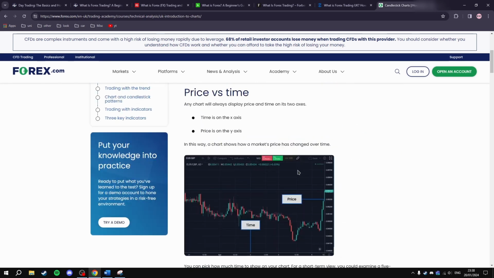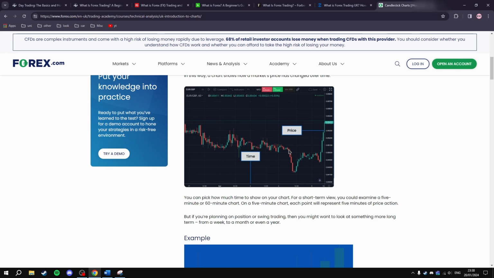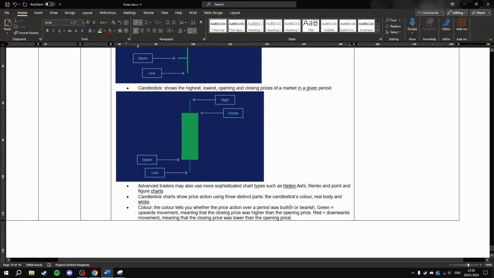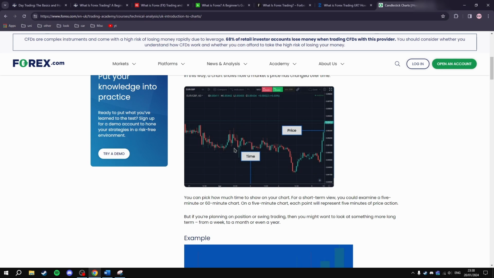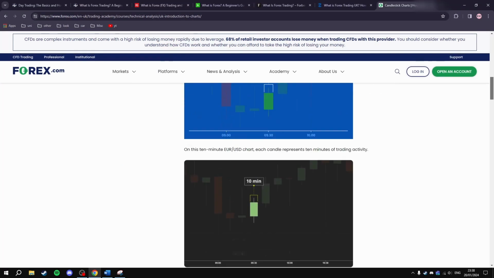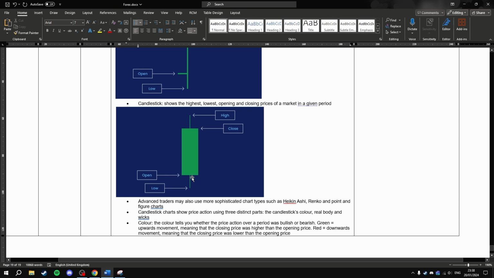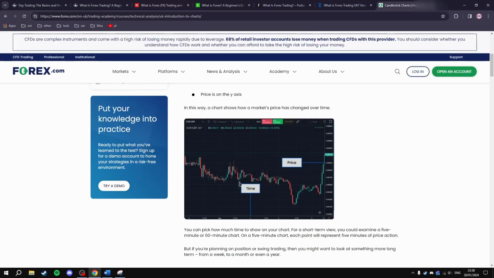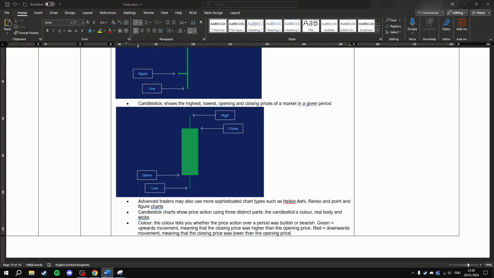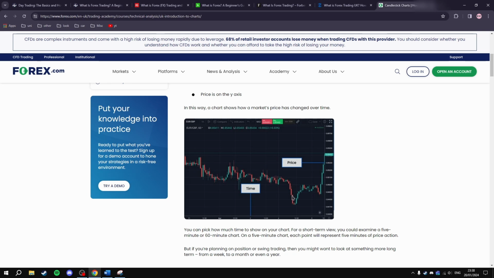So in that one, red is when closing price was lower than the opening price, right? So the opening price is in the inside bit, so the opening price is the bottom bit, right? The opening price is that bit, closing price is above.